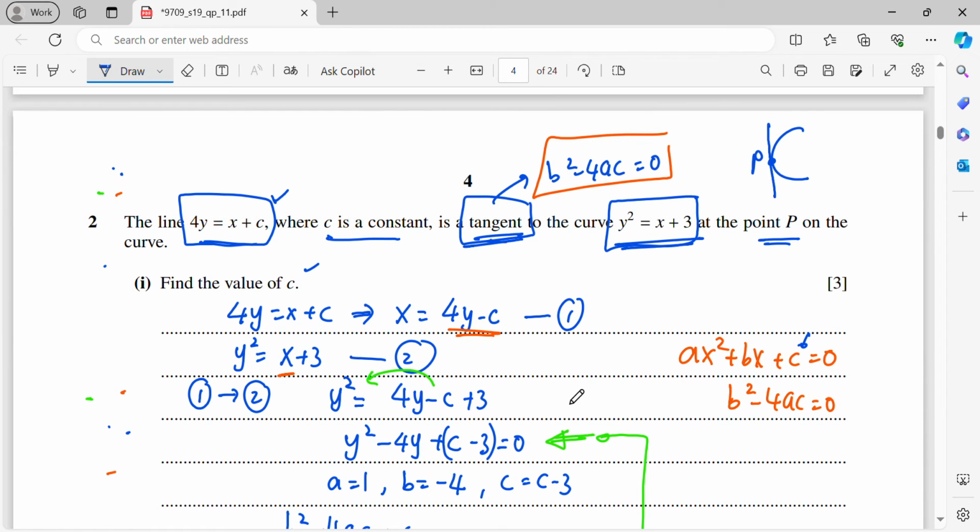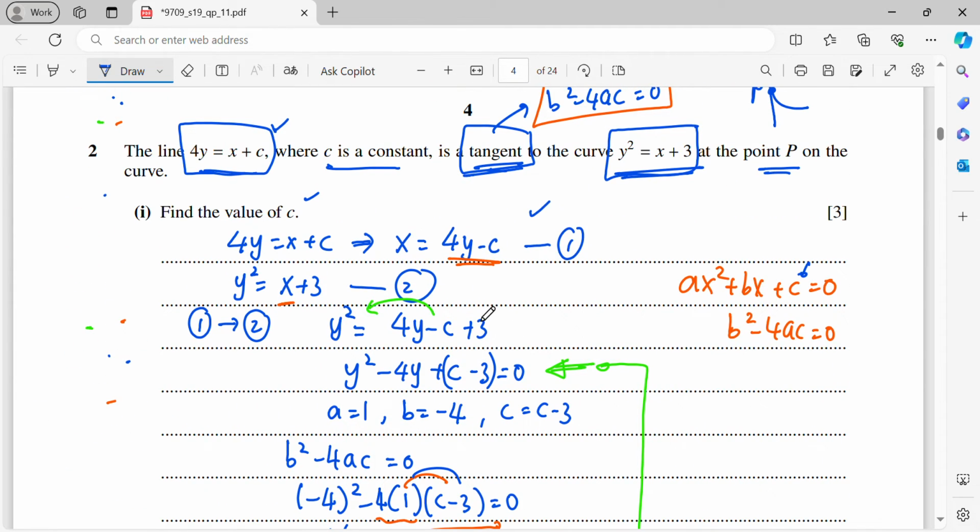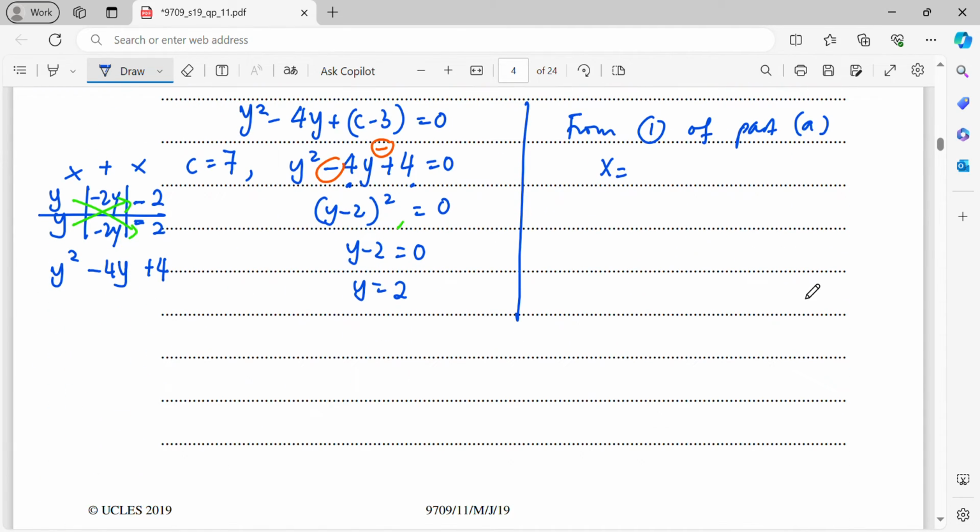And then now we need to find x. So you can just substitute into the first equation. So I will write from first equation of part A, my x is basically 4y minus c.